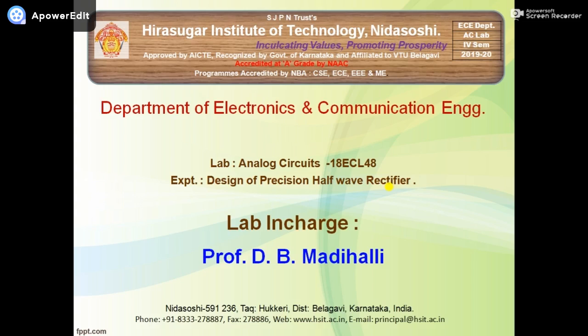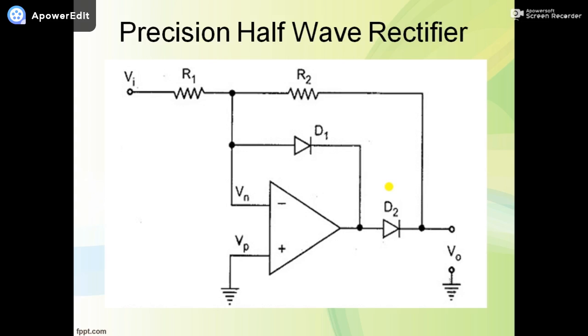So the first experiment is the precision half wave rectifier circuit. This is the basic circuit of the precision half wave rectifier. In this we are using two diodes.